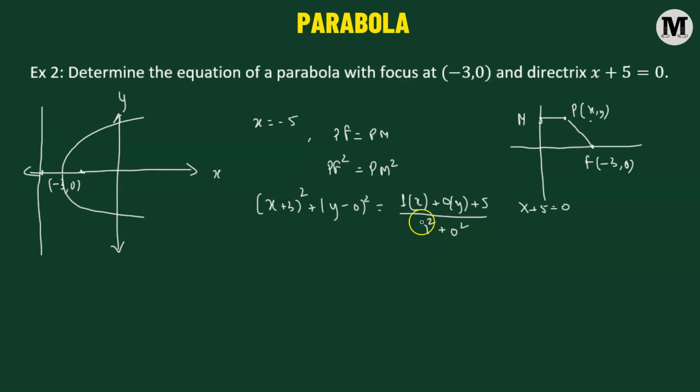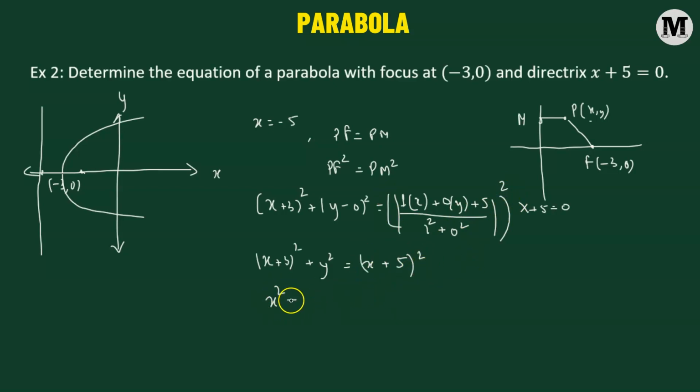We've already taken the square. So here we get x plus 3 whole squared plus y squared equals x plus 5. What we have done here is we have taken the absolute value and thus we have squared this result, so that should give us x plus 5 whole squared.